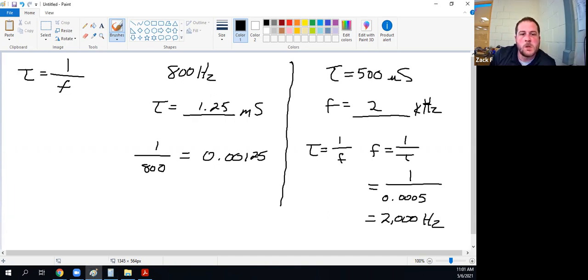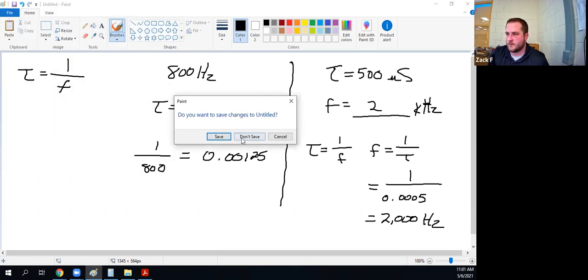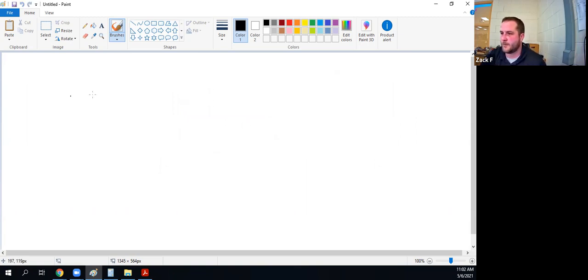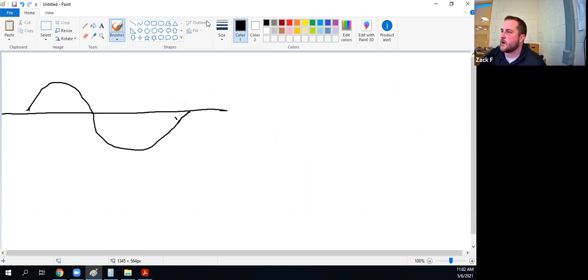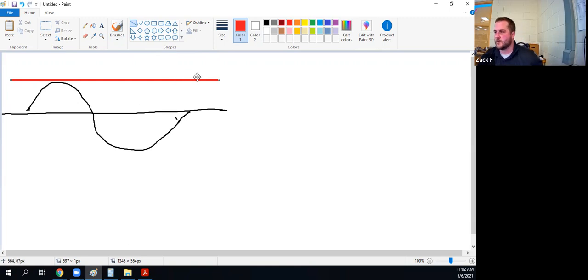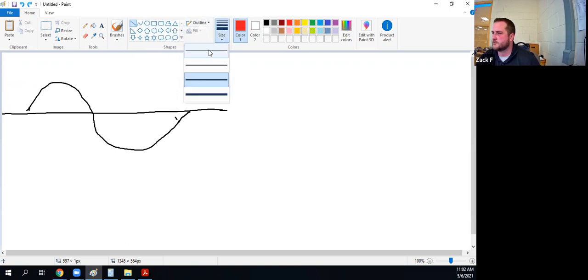All right. Sine wave. Remember RMS versus peak? What does the red dotted line represent?